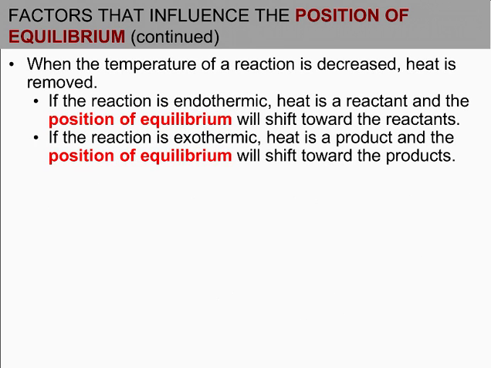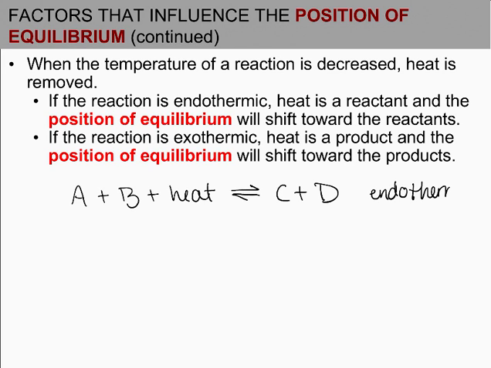Now, what if we remove heat? What if we put our solution or our reaction mixture in a bucket of ice? What would happen? Again, if we have our endothermic reaction, and let's say we remove heat, then we're removing a reactant.